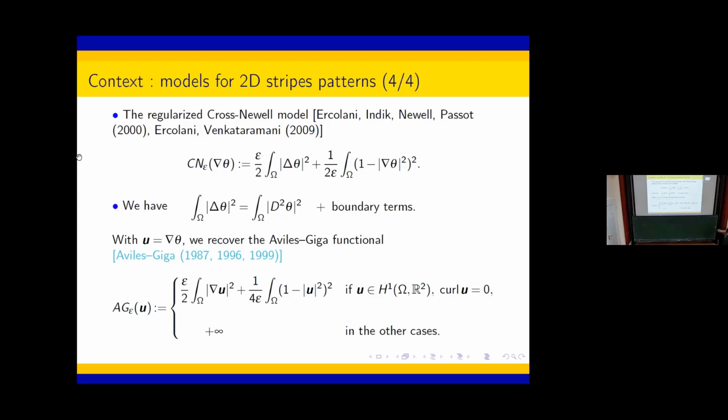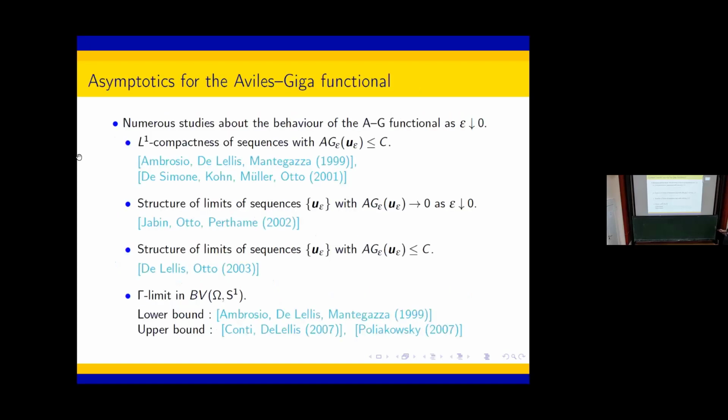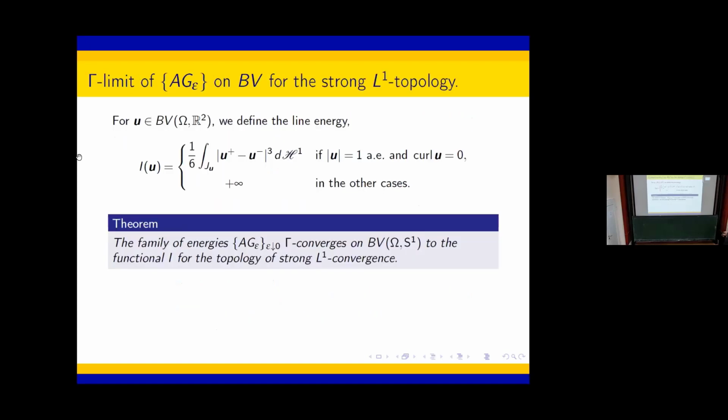So I replace the regular theta by u, and this is just the Aviles-Giga functional. We have derived the Aviles-Giga functional, so it's not interesting, already studied. But so I skip that.